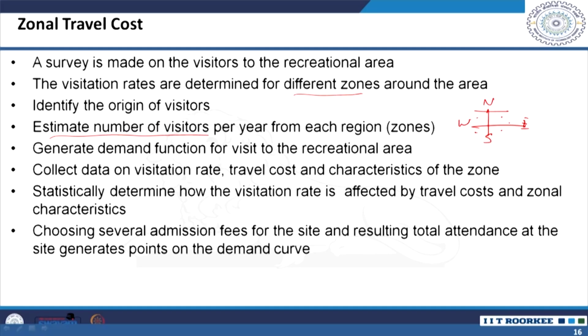So, based on this understanding, we can also generate the demand functions. Then we can collect the data on visitation rates, that is how many times from each of the zones, north, south, east or west, they are travelling to this particular national park per year, based on their travel costs and different characteristics of the zones.